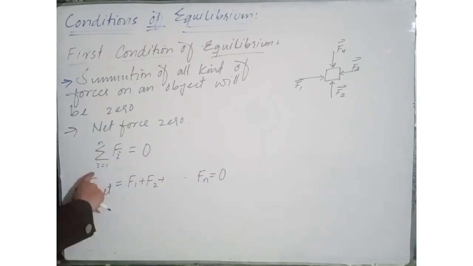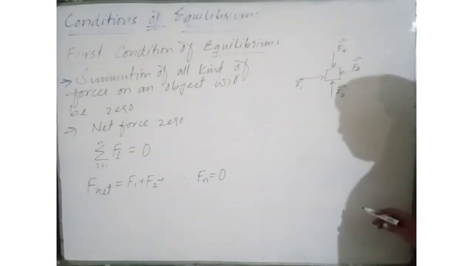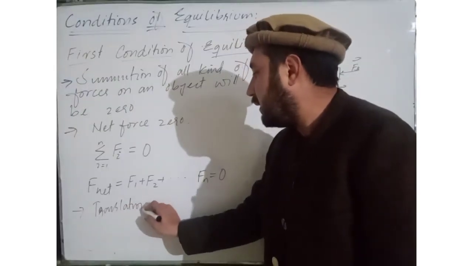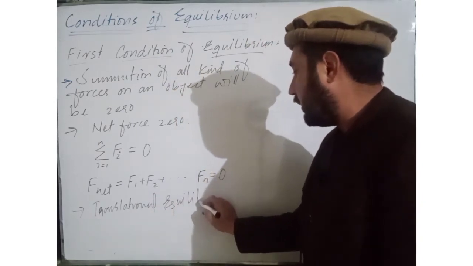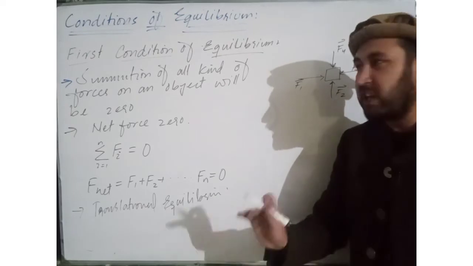Whenever this condition is satisfied, there is a chance that the object will be in equilibrium. This condition can only ensure that the object will be in translational equilibrium. Whenever the net force acting on an object is 0, the object will be in translational equilibrium.